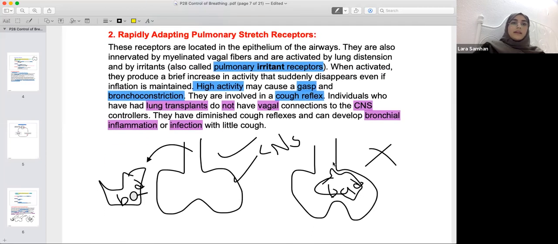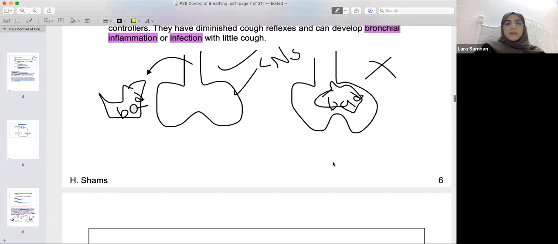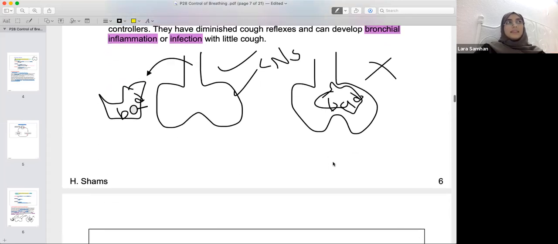Normally, any individual with a normal physiological lung will have this vagal connection to the CNS, and they will have the rapidly adapting stretch receptor, or the irritant receptor, compared to an individual who has a lung transplant. They won't have this connection, so any irritant material can easily penetrate their airway, and over time they can have recurrent infection and inflammation. Usually they can cough, but their cough reflex isn't as strong as that of an individual with a normal, untransplanted lung.